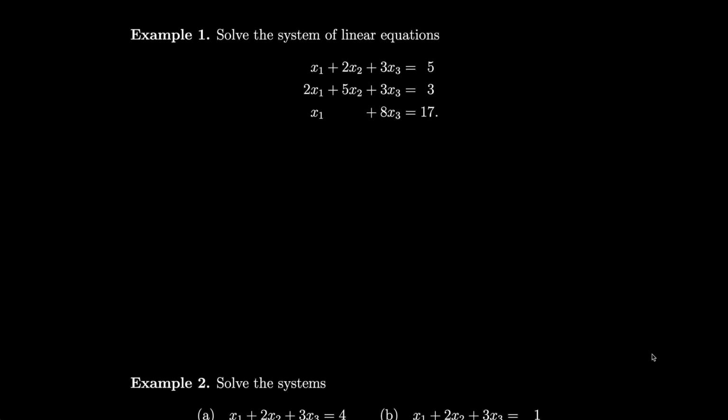As an example, how about we solve this system of linear equations? So we'll write A as the coefficient matrix. So A can be 1, 2, 3, 2, 5, 3, and 1, 0, 8.